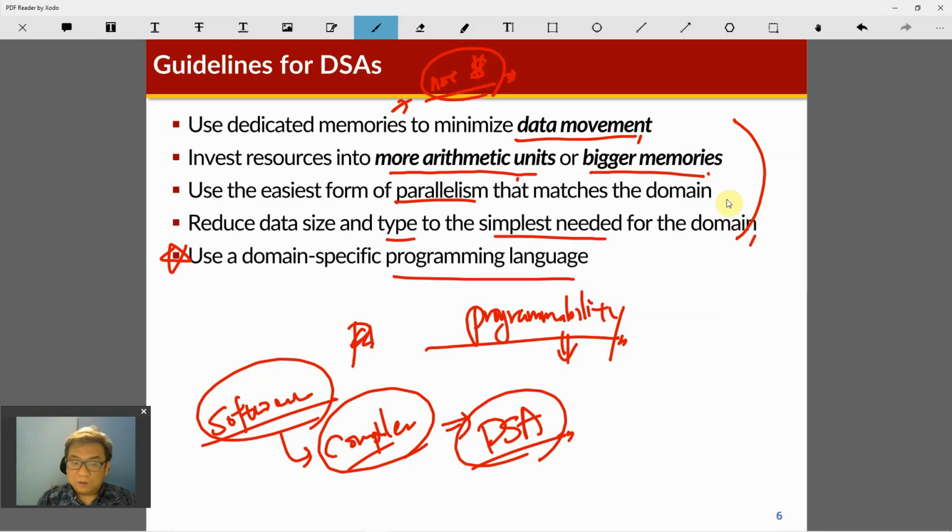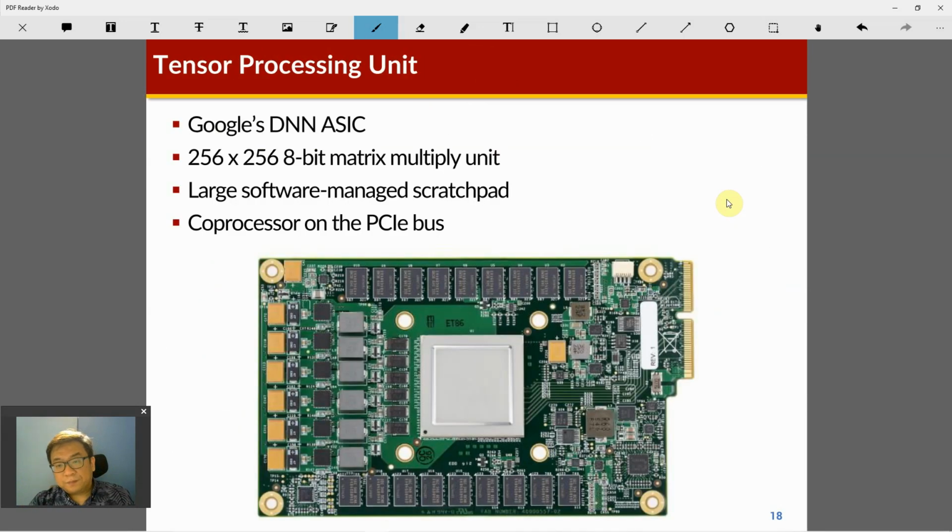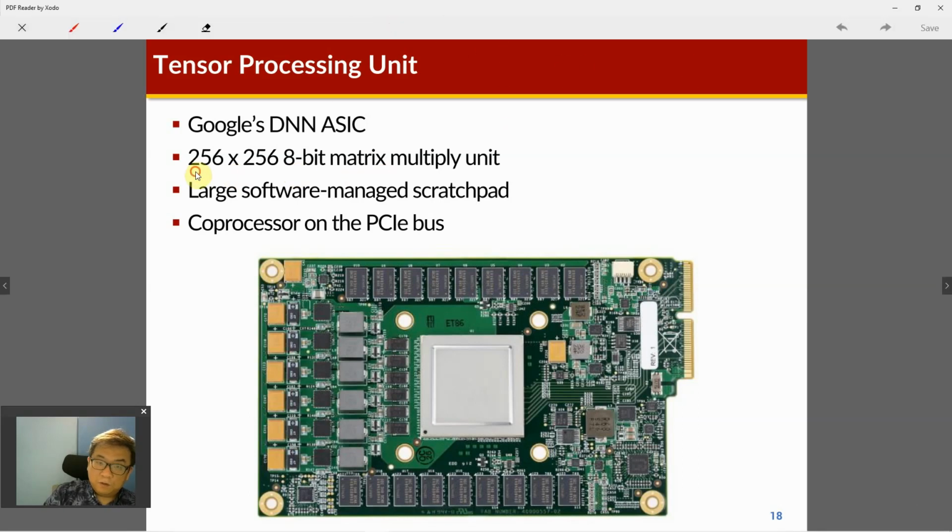Parallelism is okay because the TPU has dedicated hardware for matrix multiplication, and the data size is also fixed as 8 bits. So this is the main computation engine of the TPU, matrix multiplication.